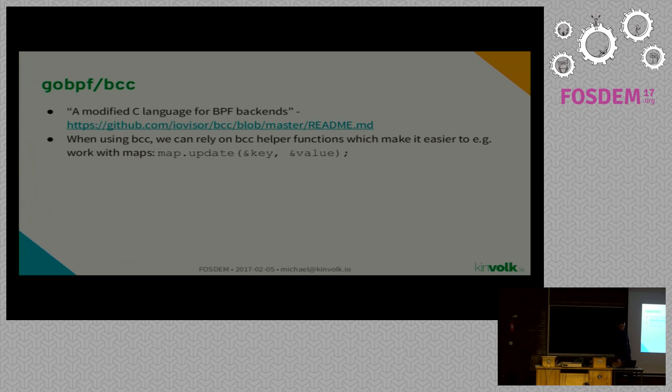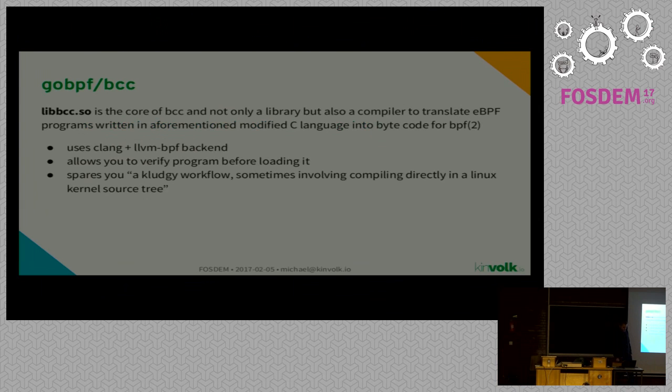libbcc actually is not only the library which helps you to write your program, but it's also a compiler. So it works like this: you pass it your program as source code, either you read it from a file, or you just have it in your Go code in some constant, for example. And then it translates your program into BPF bytecode.